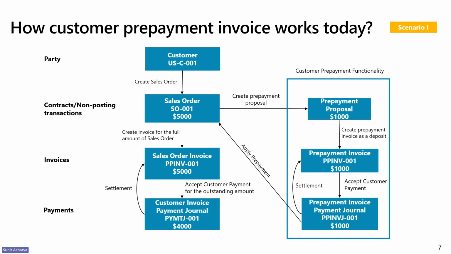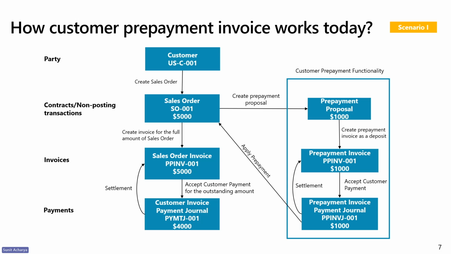And then we go ahead and accept the customer payment for the same in the form of a prepayment customer invoice journal. Once we receive that $1,000, we settle it with the prepayment invoice that we have created in the previous step. Now that this process is done, we move ahead to apply this prepayment that we have received to the sales order.